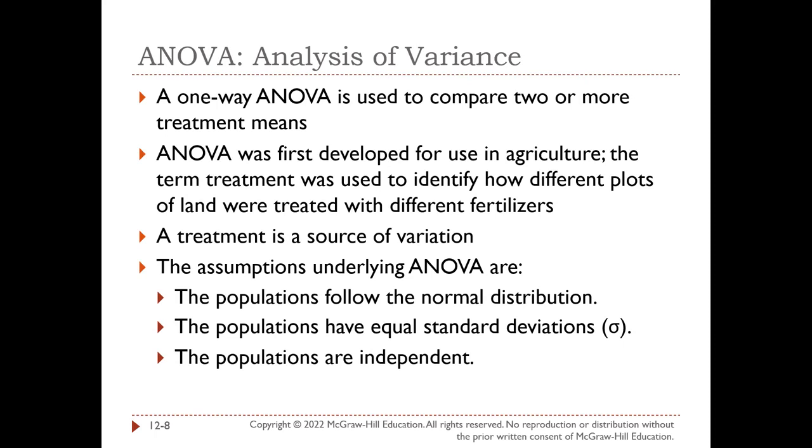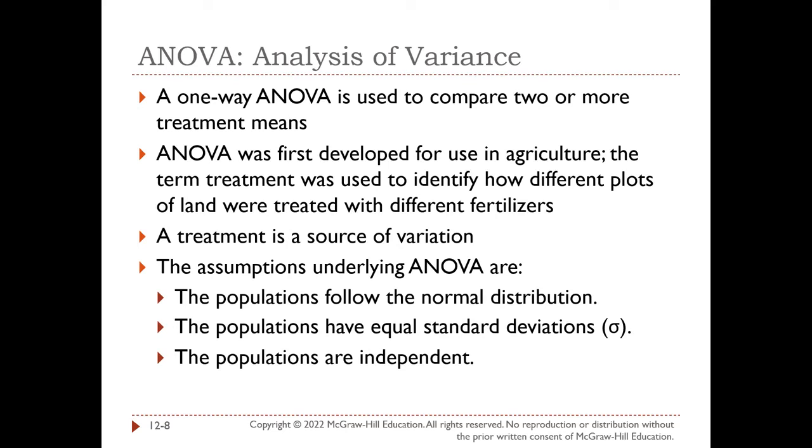Next, the ANOVA. One way ANOVA is used to compare two or more treatment means. ANOVA was first developed for use in agriculture. The term treatment was used to identify how different plots of land were treated with different fertilizers.